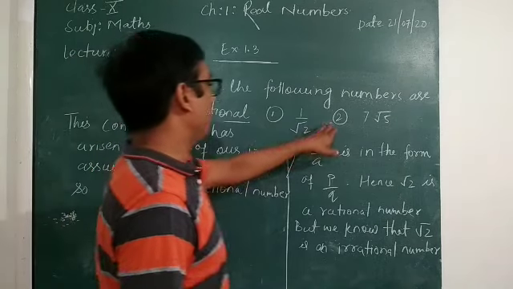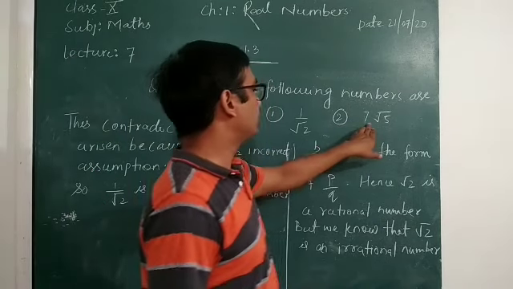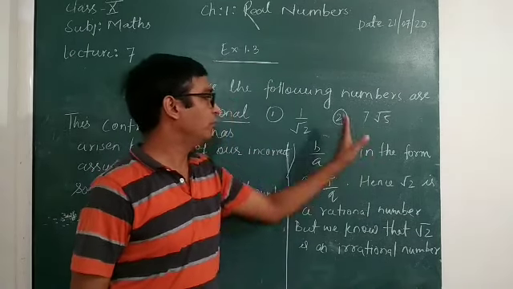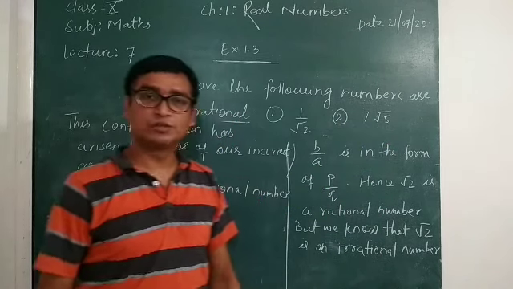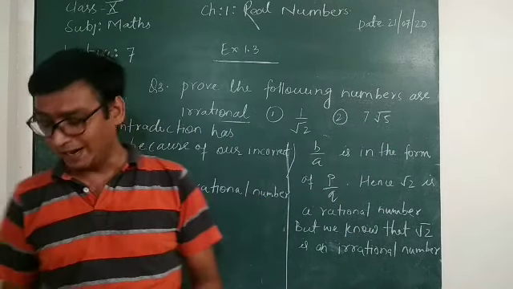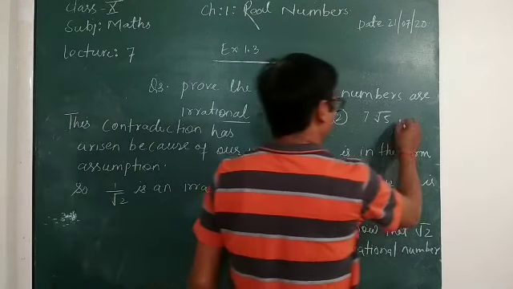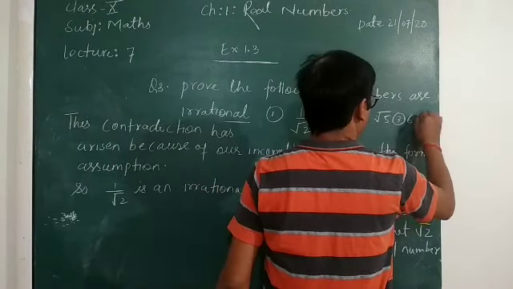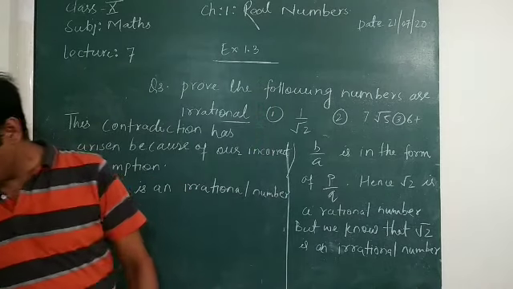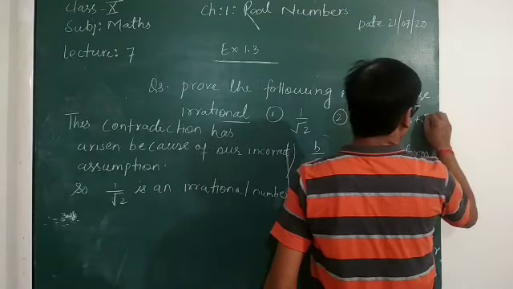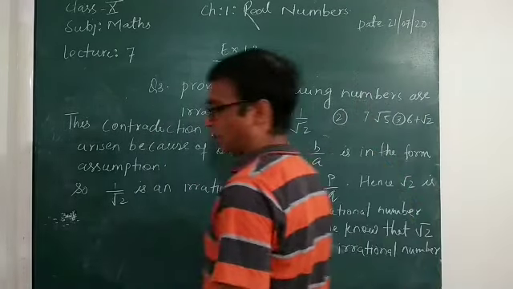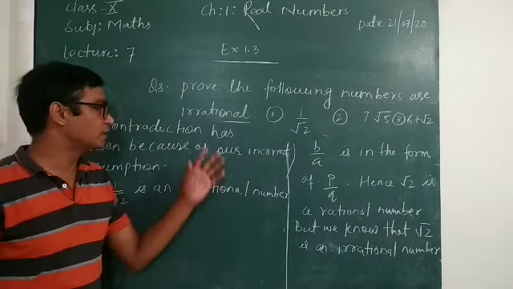In a similar way, we can also prove 7 root 5 is an irrational number, and the rest of the questions: 6 plus 2 root 3, and the third one, 6 plus root 2, is an irrational number.